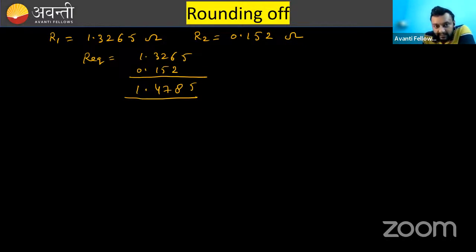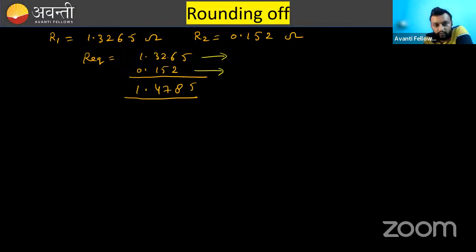the answer must have only that number of significant figures which the number with the least number of significant figures has. Okay, I will repeat it again. Out of these two numbers, tell me the significant figures of each number.